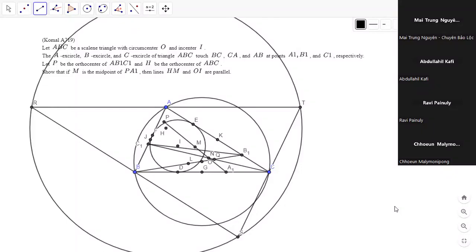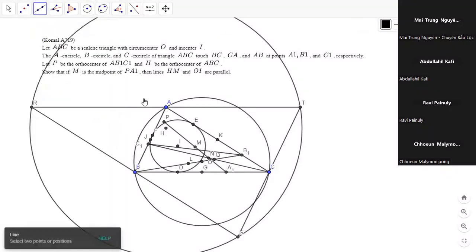And we said PH is perpendicular to NL. So, how do you know that PH is parallel to AI? I know Stefan said he saw it, but can you prove that?